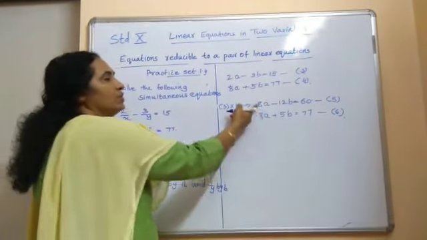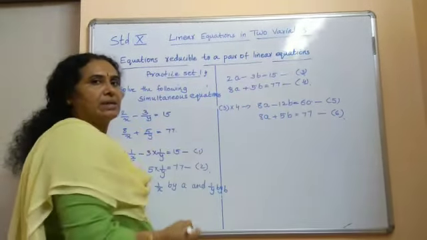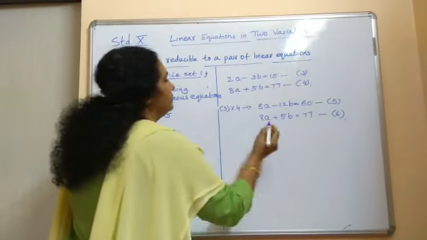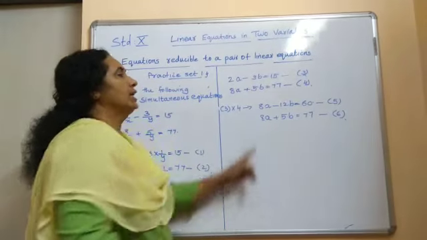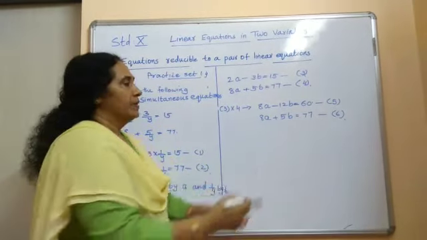Here the coefficients of a in both the equations are equal. Now we can subtract these equations to eliminate one variable.